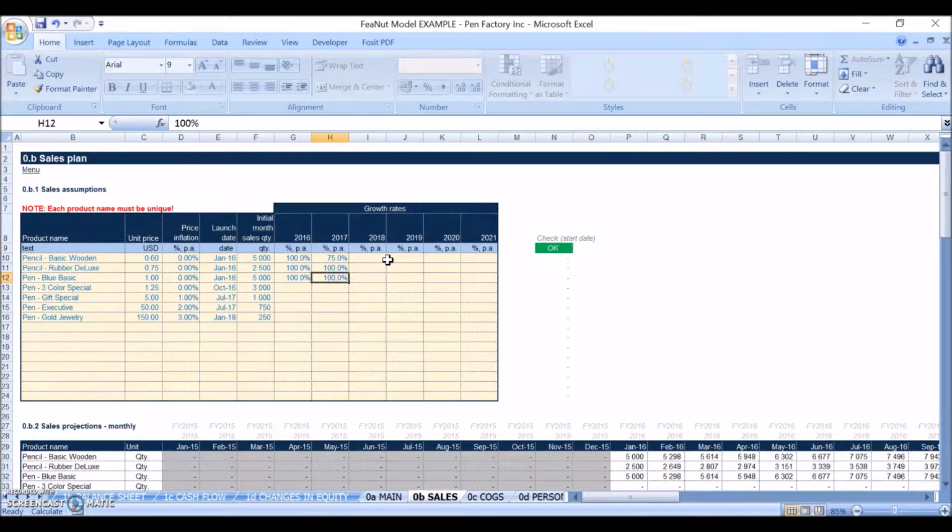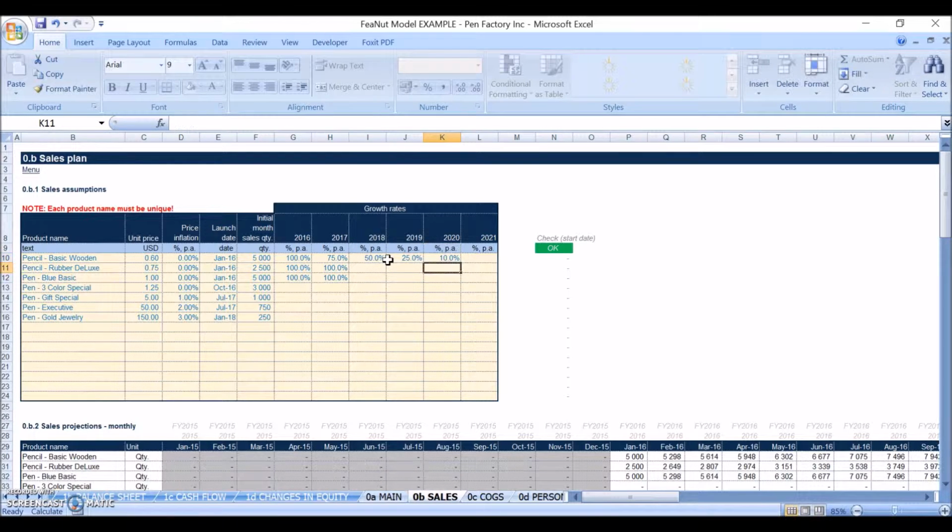These growth rates for these initial years could be quite steep because we assume that we are a startup business and we start selling some products at low quantities, and we expect that we will grow our sales rapidly in the first couple of years. So therefore we have like 100%, 75% annual growth rates in the first 2 years, and then the growth rate will slow down.